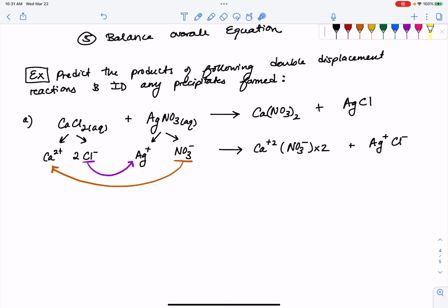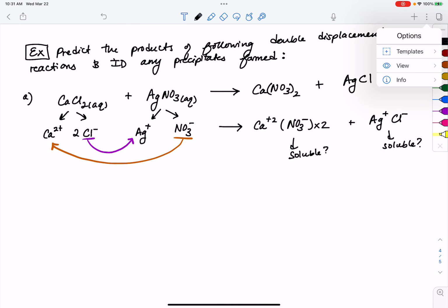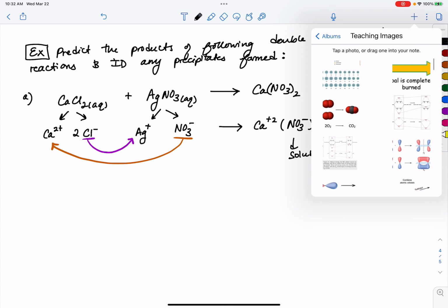Meaning we need to now look at calcium nitrate and silver chloride to figure out which of these are soluble or insoluble. So let's pull back up our solubility rules.